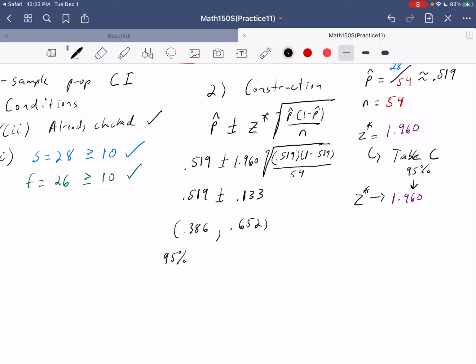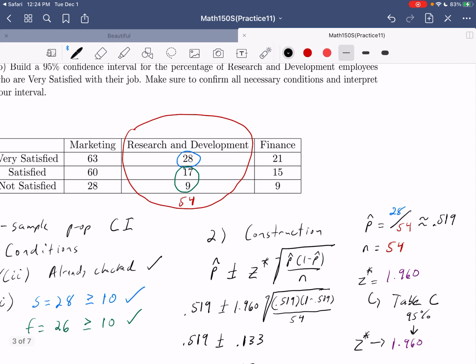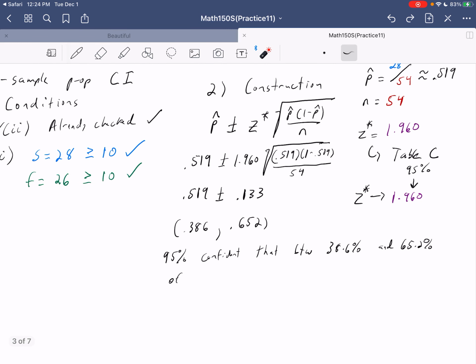So 95% confident that between 38.6% and 65.2% of, well, would we say employees? Not quite. We only focused on the research and development employees. So we'd say of research and development employees are very satisfied.